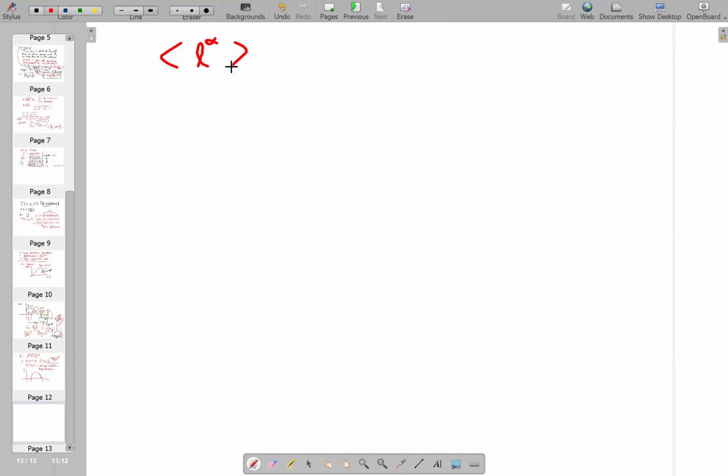And then this will be the integral of L to the power alpha, and then times the PDF. So the probability distribution function.